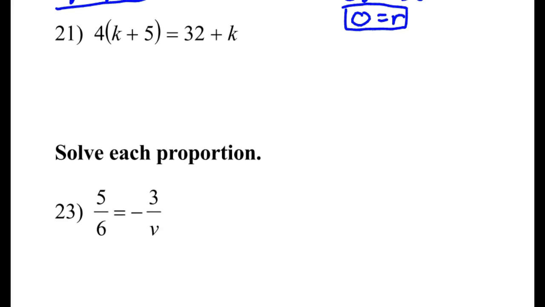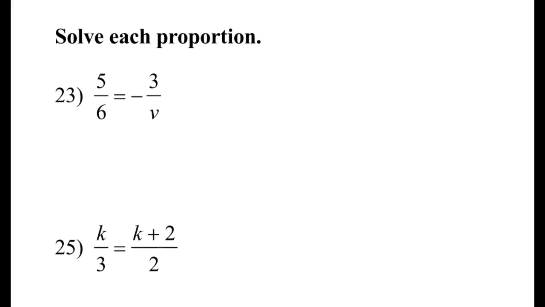A little bit more. Review of proportions. Do some cross multiplying. So we have 6 times negative 3, negative 18, equals 5 times b. Notice how I was careful to go around the negative.